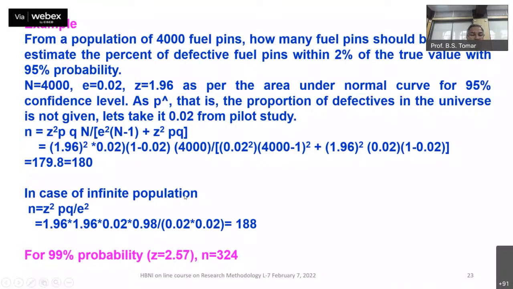In case of infinite population, this 180 becomes 188. And if you want 99% confidence, Z equal to 2.57, then you have to examine 324 pins. So that is how you arrive at the sample size to deduce the population parameters.